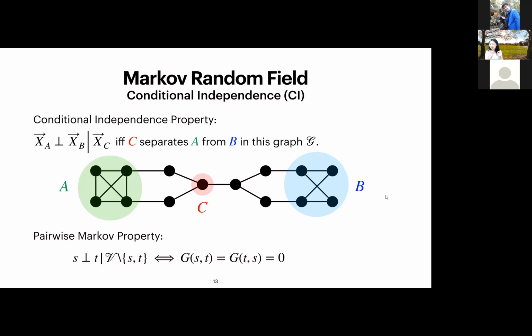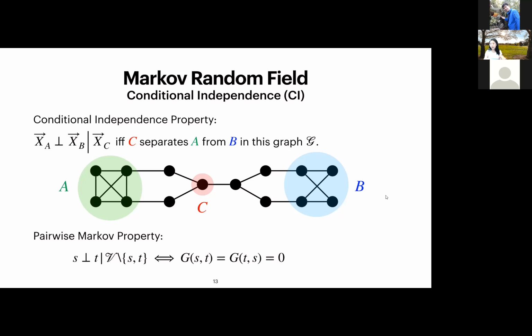So if your two nodes are directly connected, then they are correlated and they can't be conditionally independent given any other nodes in this graph. So I think, is this clear? Is this analogy clear between the graphical representation and the joint distribution, from the probabilistic point of view?